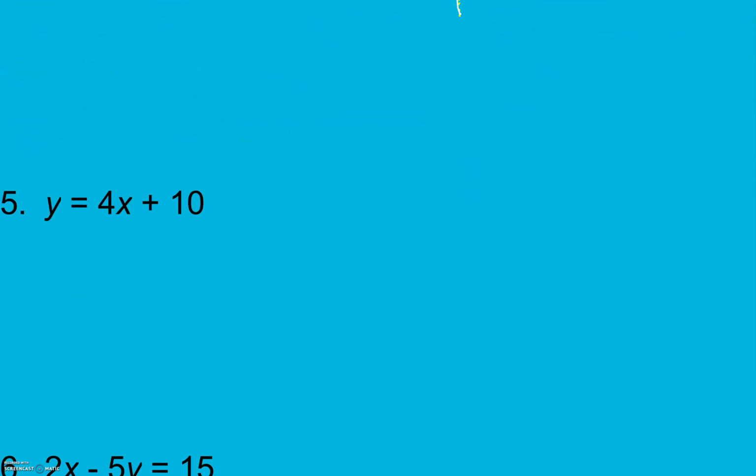In 5 here, again, I'm going to look for parallel and perpendicular. My slope in my original equation is 4. It's the coefficient of my x. Parallel lines have the exact same slope.